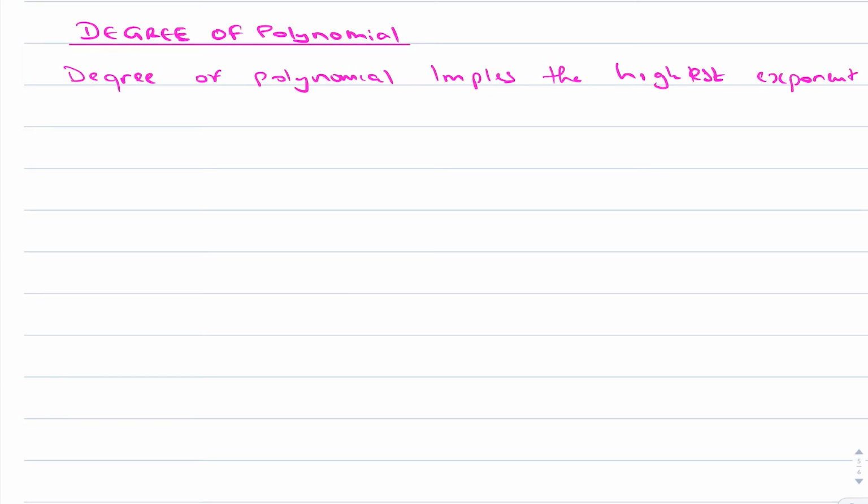Degree of polynomial implies the highest exponent in the polynomial.